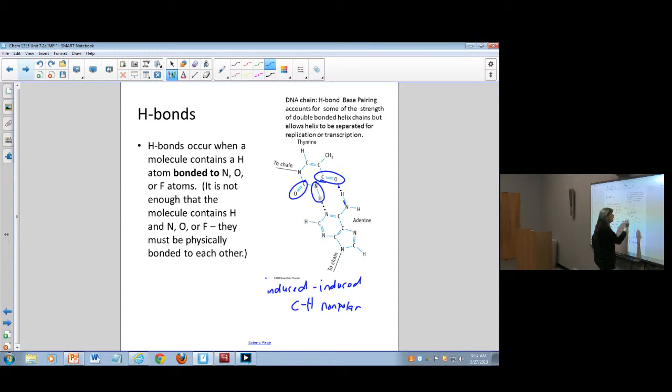You get this interaction. In fact, the DNA chain has to be broken at the hydrogen bonds to separate it and allow for translation or replication. And unless those bonds are broken, the DNA stays close together in that round, winding, cord-like structure.